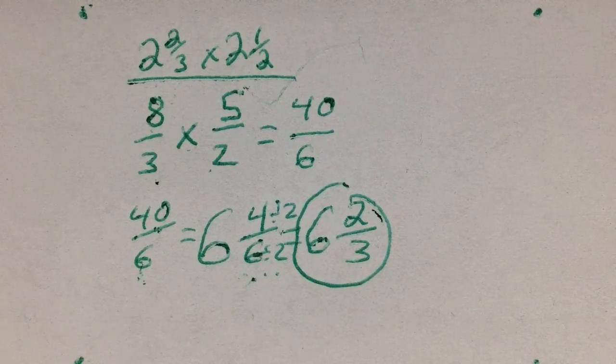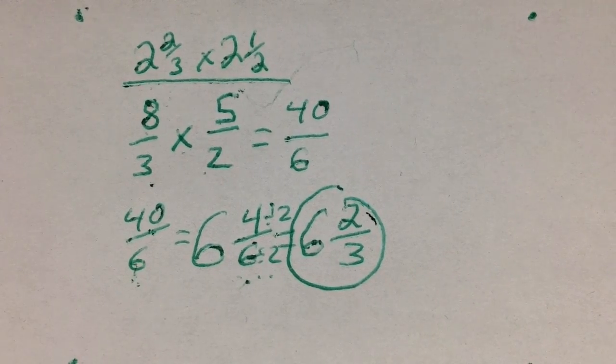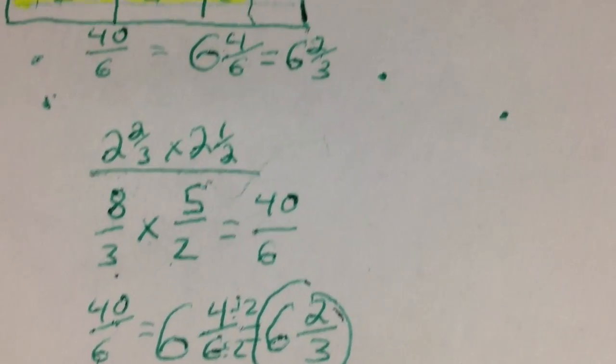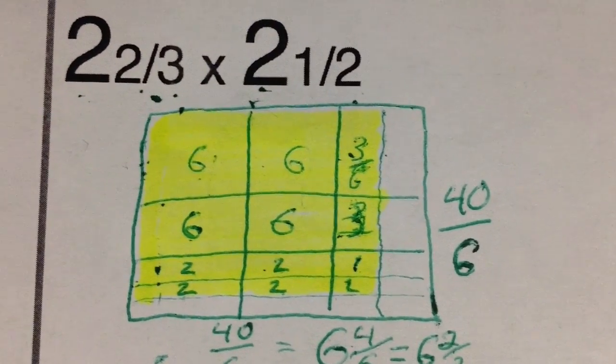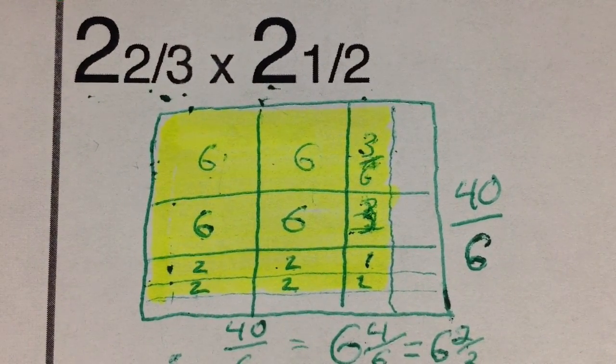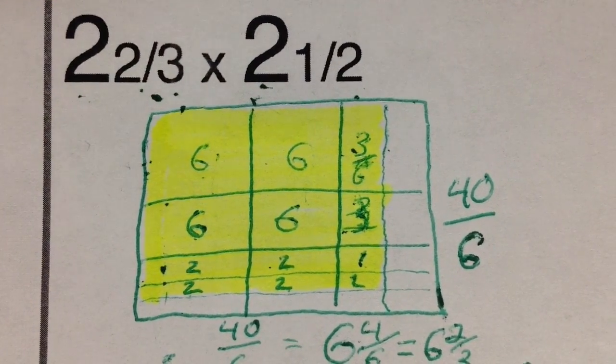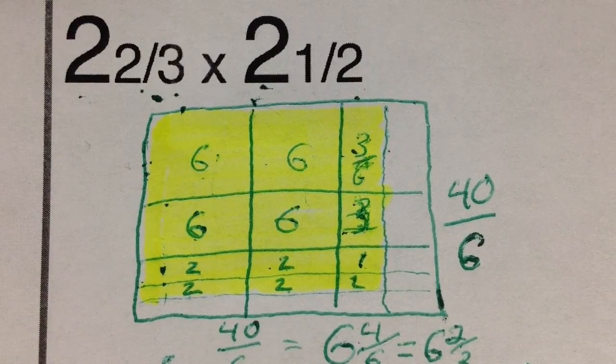And so that's doing nothing but calculations to solve your answer. So now I'm showing you 2 ways, calculating and modeling, to find the product of 2 2/3 times 2 1/2. And I've basically done the first problem of your homework for you. So you can do the second one, and we'll see you tomorrow.